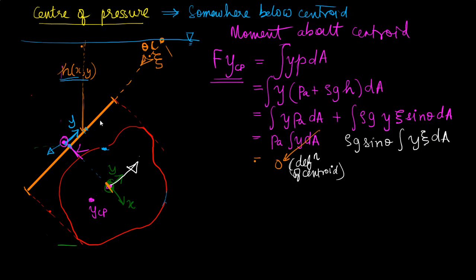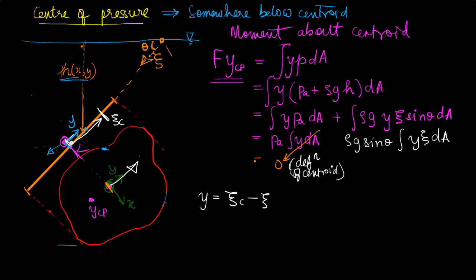Okay, so let us define. So if this is y and this is xi cg, then we have y is equal to xi c, let me call it c, minus xi.